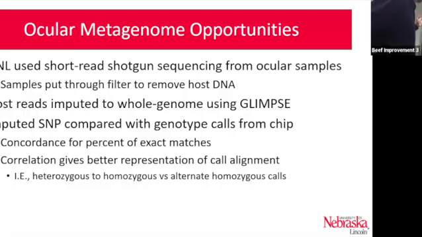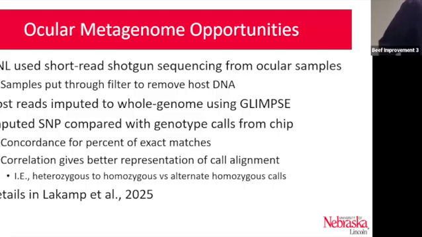And then we have correlation, which gives a better representation of how well those calls aligned, because going from heterozygous on one to homozygous on the other is better than the chip saying it's homozygous this way and the imputation saying it's homozygous that way. So correlation gives us a better idea of that. And this is a different paper. Feel free to go read that one.